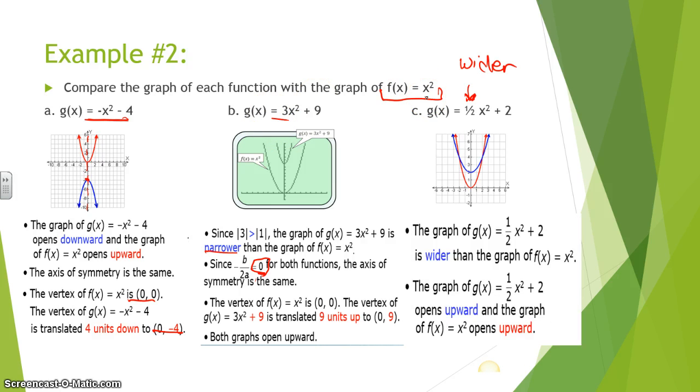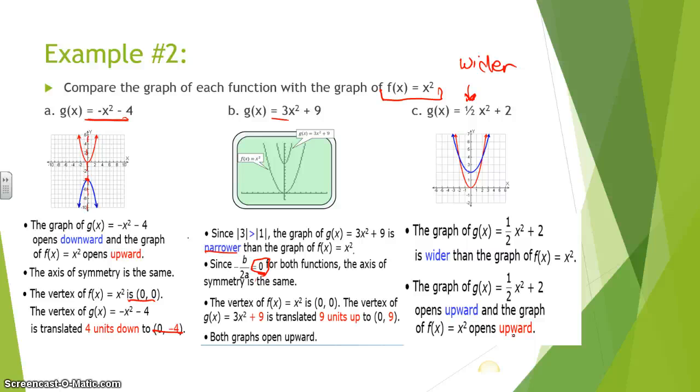How can we compare these two graphs? Well, g of x is wider than f of x, and the graph of g of x opens upward. The graph of f of x opens upward as well. So they're both opening upward, but one is more narrow than the other. So that's how we compare and contrast these.